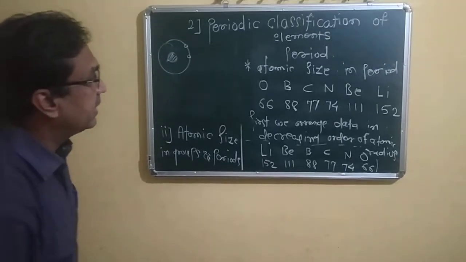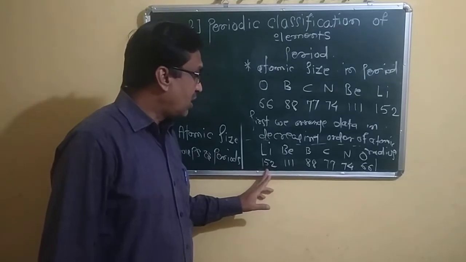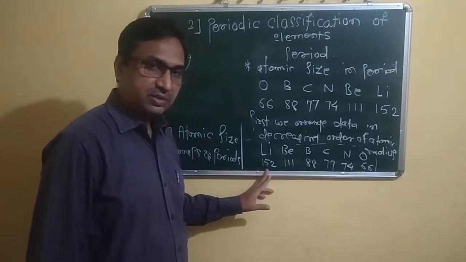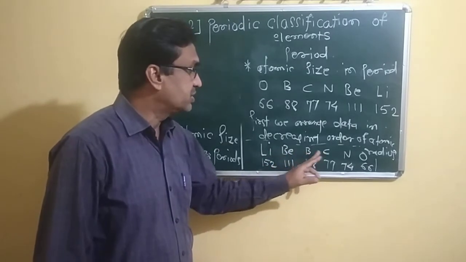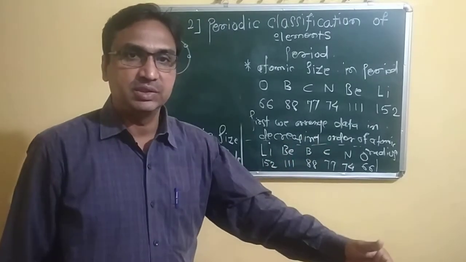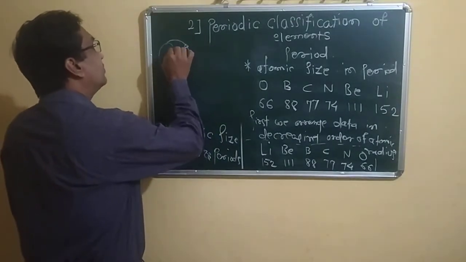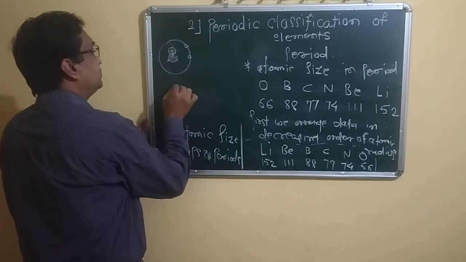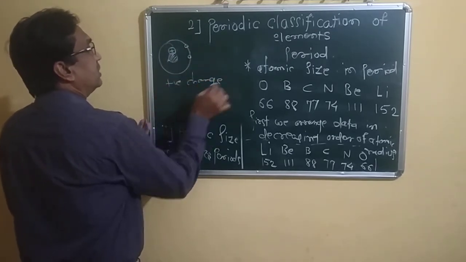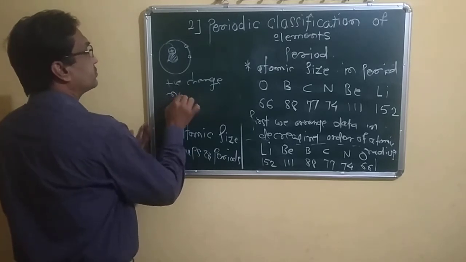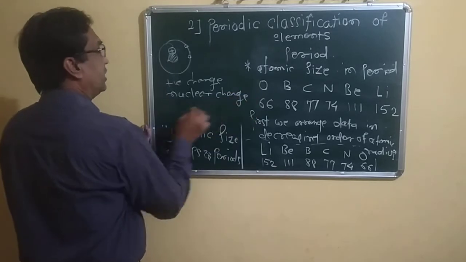What happens is that the number of electrons increases from left to right, because the atomic number increases. That means the number of electrons increases, but at the same time the number of positive charge, that is the nuclear charge, is also increased.